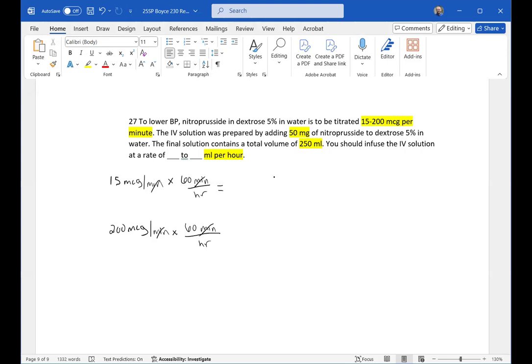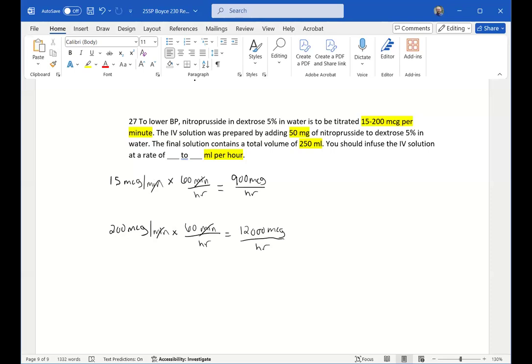I'm going to get 900. So this is 900 micrograms per hour. And then 200 times 60 is 12,000 micrograms per hour.